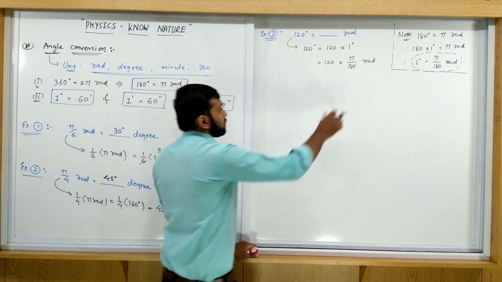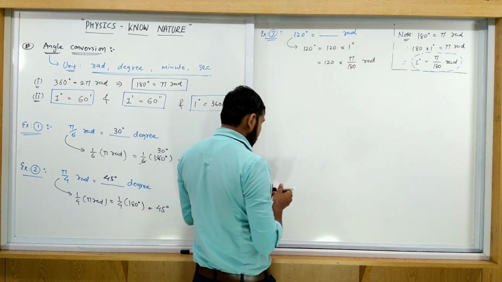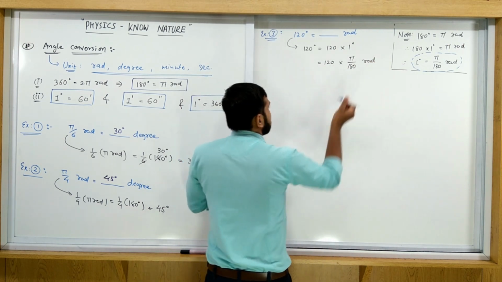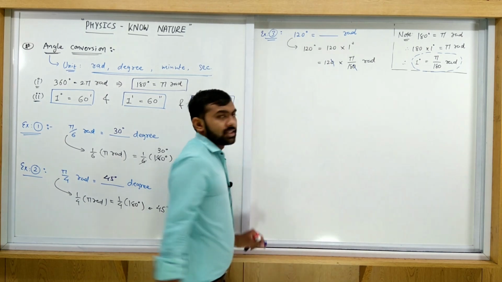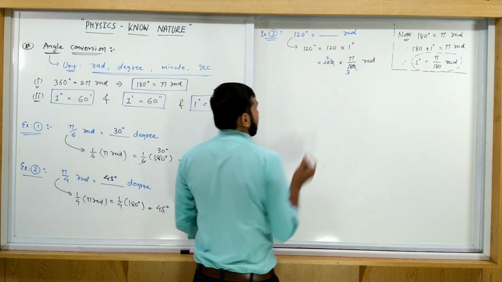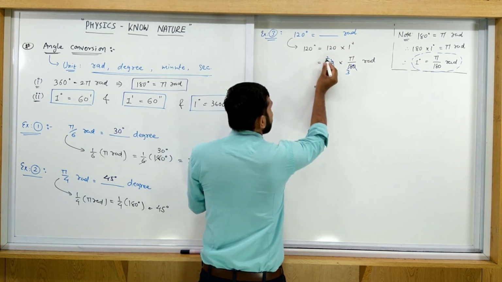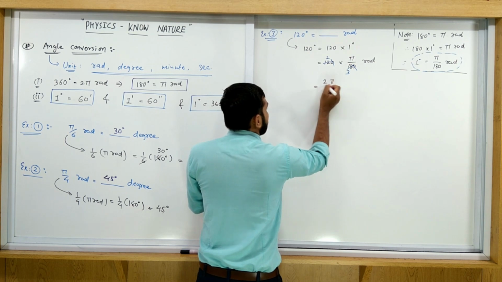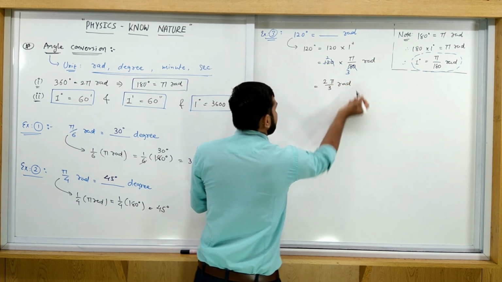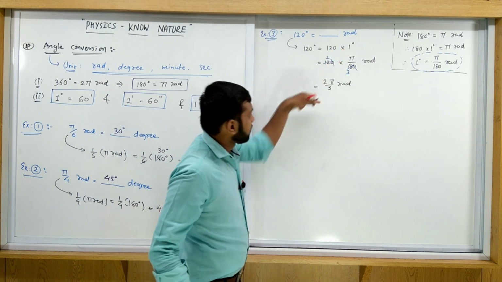Simple. Now you just simplify this relation. The zeros cancel out, 6 twos are and 6 threes are. So the final answer is 2 pi by 3 radian.